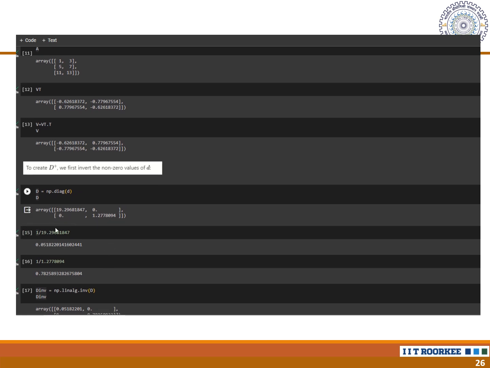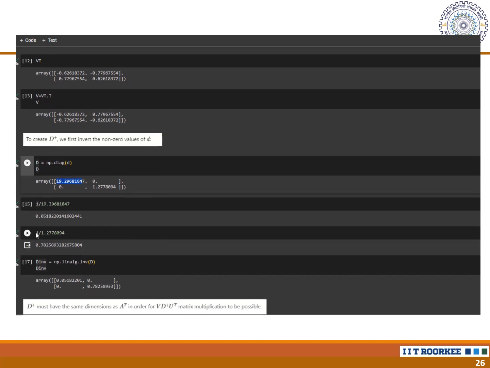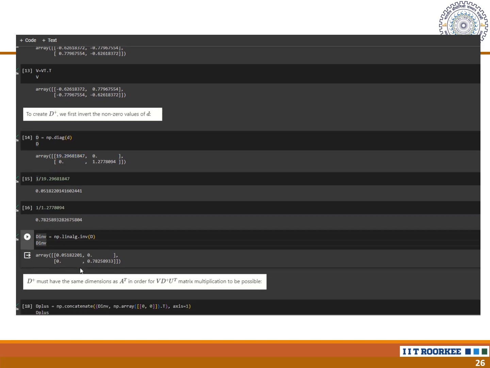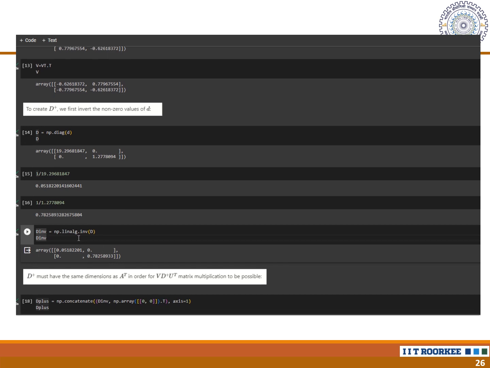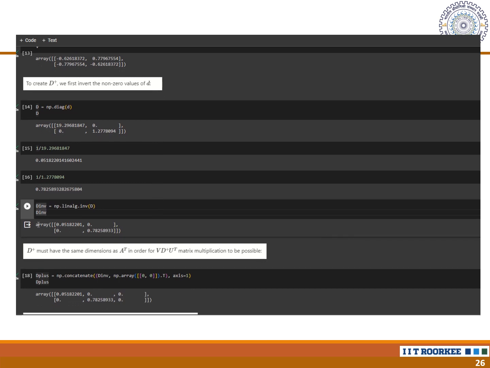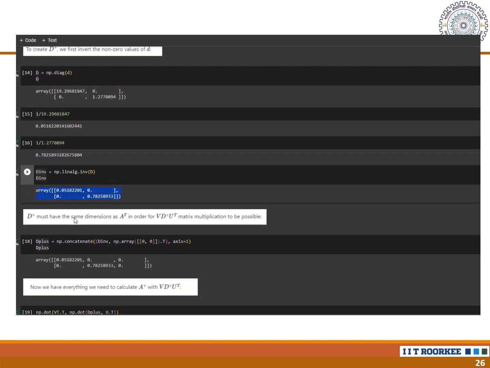First of all, we have the reciprocal of this value. Then here is the reciprocal of this value, but we need not do all this. We can simply use the inverse function, that is a built-in function in the NumPy linear algebra library. And here we have our D plus matrix, but the D plus matrix must have the same dimensions as A transpose.